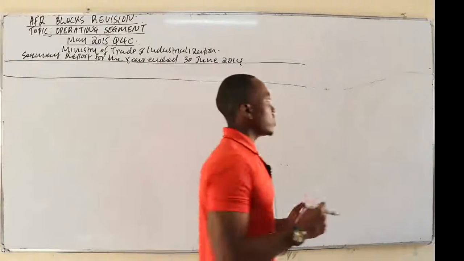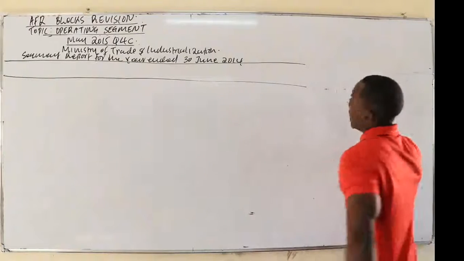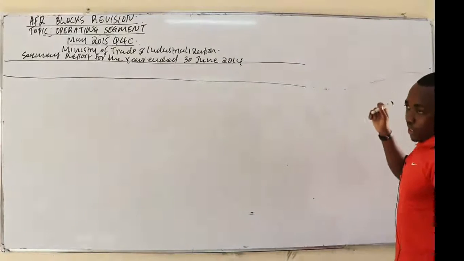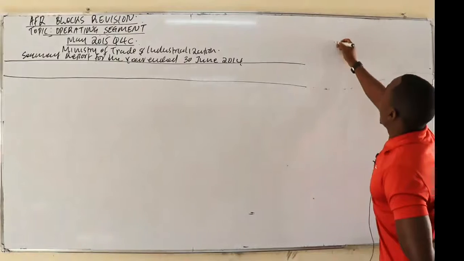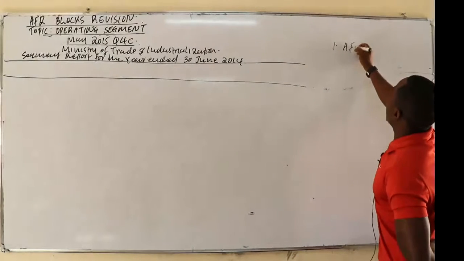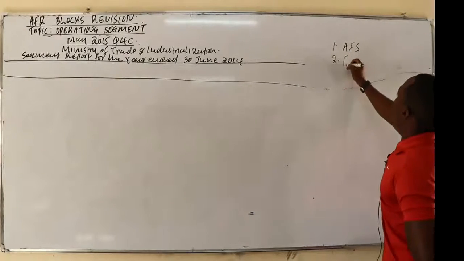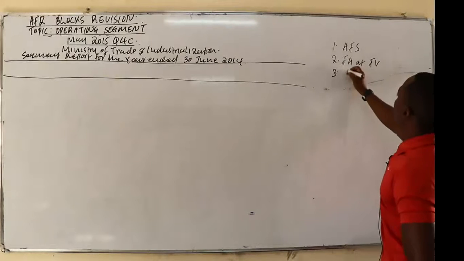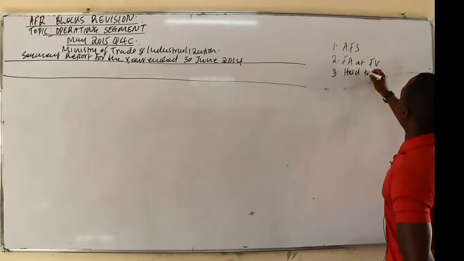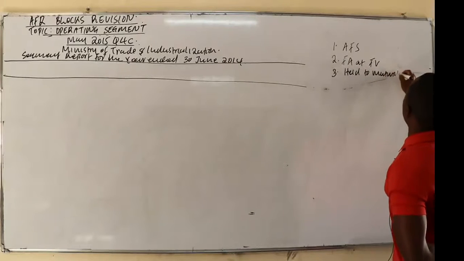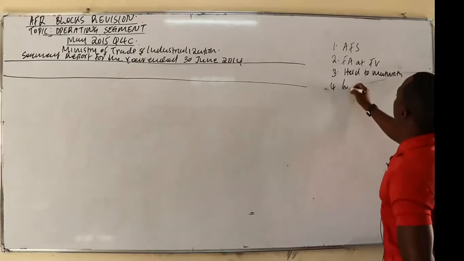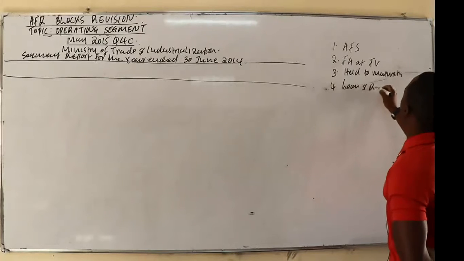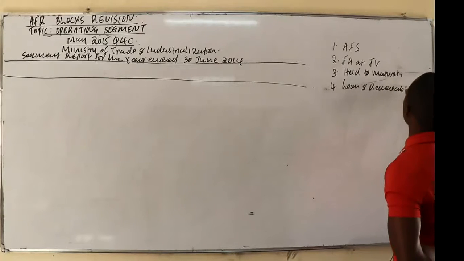So that one, you go to your handout, we discussed that, and we say that we have four classifications of financial instruments. One, we have available for sale. Number two, we have financial assets at fair value. Number three, we have held to maturity. And number four, we have loans and receivables.